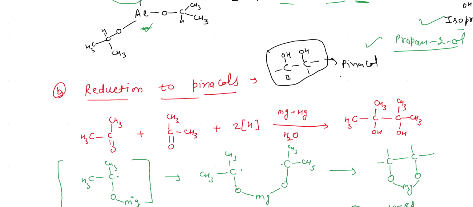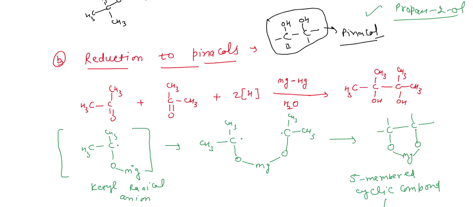Clear? Okay. In this reaction, two molecules of ketone are reacting, in the presence of magnesium amalgam. When any metal is linked to mercury, with a bond between the metal and mercury, that is known as an amalgam.